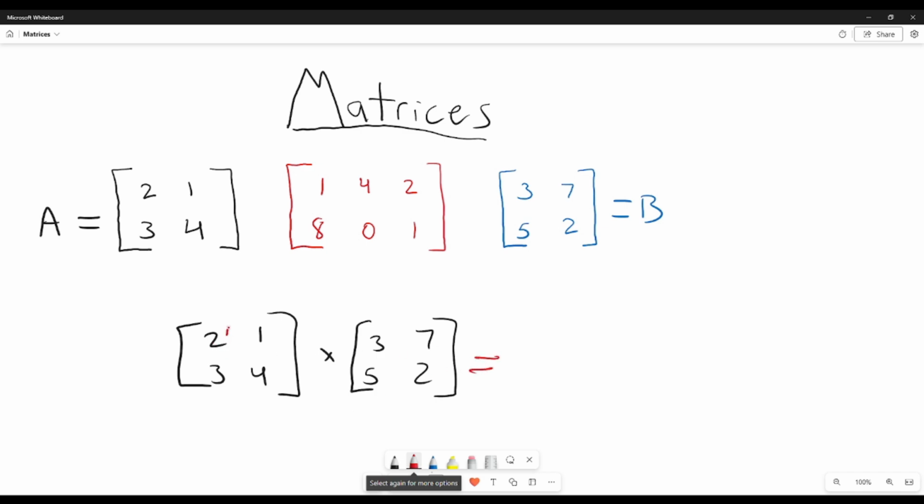So you multiply 2 times 3 and 1 times 5, and then add them together. Then you multiply 2 by 7 and add it to 4 times 2.